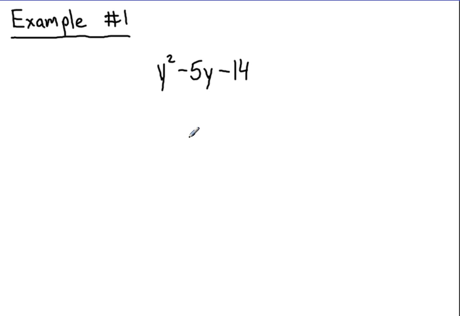We just got to go ahead and factor this using our AC method, meaning we're going to take our a, which is 1, times our c, negative 14, which will give us negative 14. And we're also going to use our b, which in this case is negative 5. We're going to look for two numbers that multiply together to give us our a times c, and we're also going to look for two numbers that will add up to our negative 5.